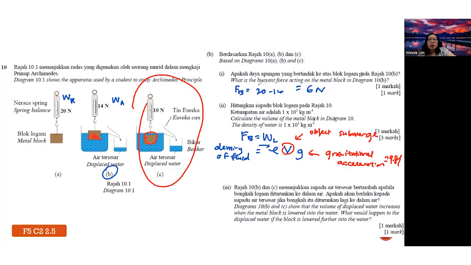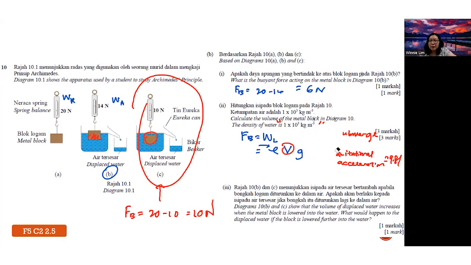Okay, so do you have the buoyant force in case C? Yes, the buoyant force is 20 minus 10, which is 10 Newton. Then the density, are they giving you? Yes. g is always 9.81. Since they give you all this, you can calculate it already.